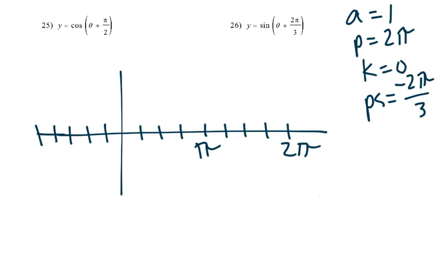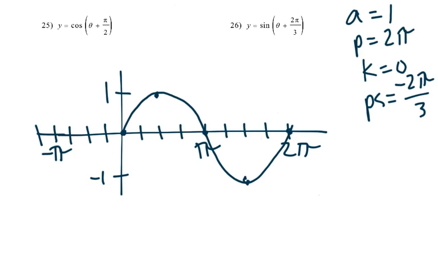This would make back here negative pi. Okay. Normally with sine we start down here, 1 and negative 1. We go up, pi back to the midline, go down at 2 pi back here. So there is our parent graph for sine with all these same things.